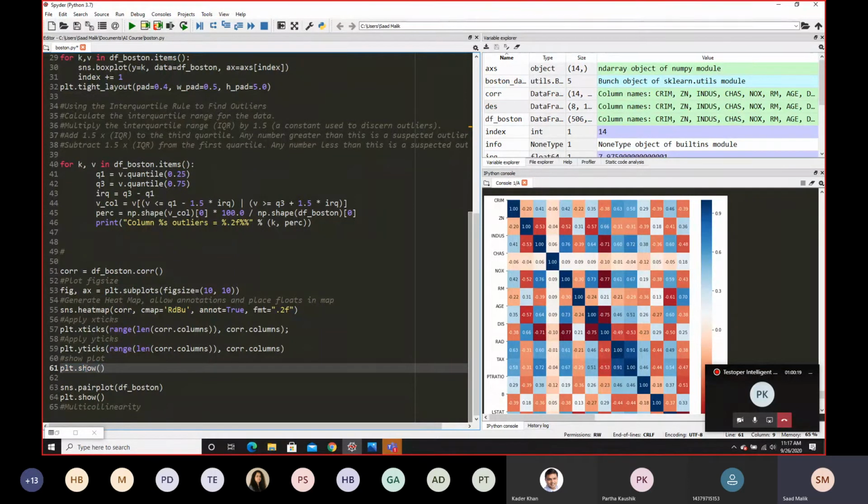What you'll have to do is go into the documentation for this function, and it's going to have a huge list of basically all the ways you can change almost anything about this. So yeah, you're right. It would be better if it's color coded in a way where you look at the absolute value, right? And that's something that I can do right now, but I know that there's probably a way that you can do it.